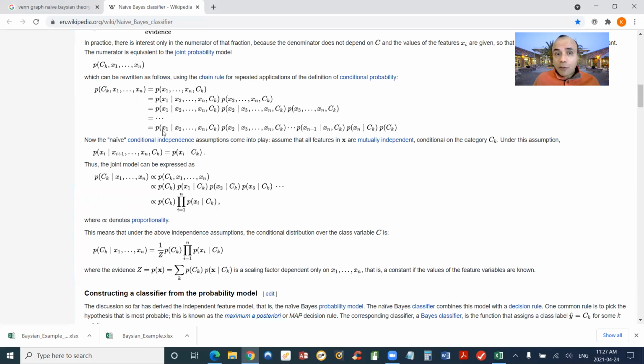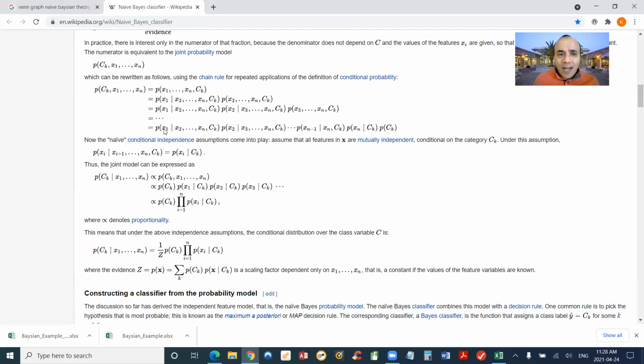So what could I do? I could say X1 given CK, X2 given CK, Xn minus 1 given CK, Xn given CK, and then P of CK, right? Make sense? I can do that because I'm assuming they are independent.